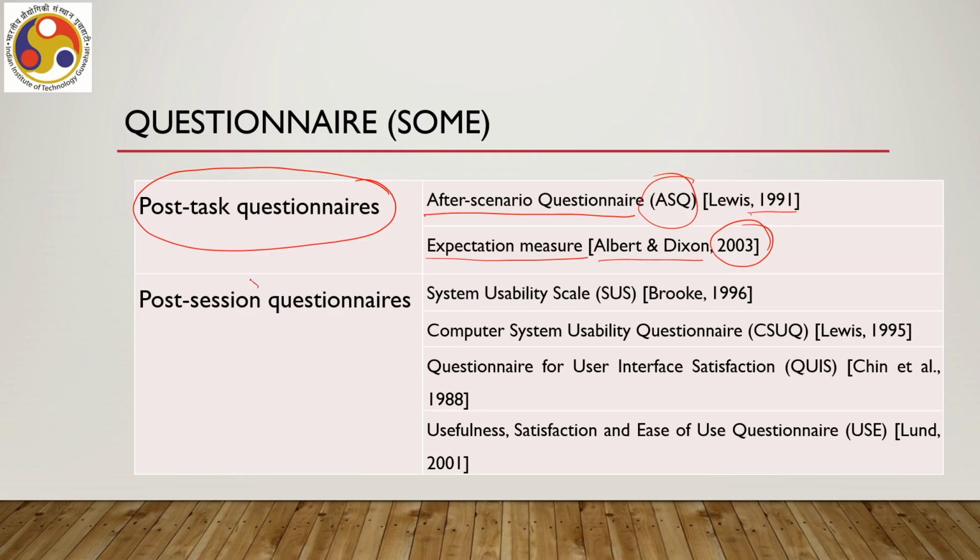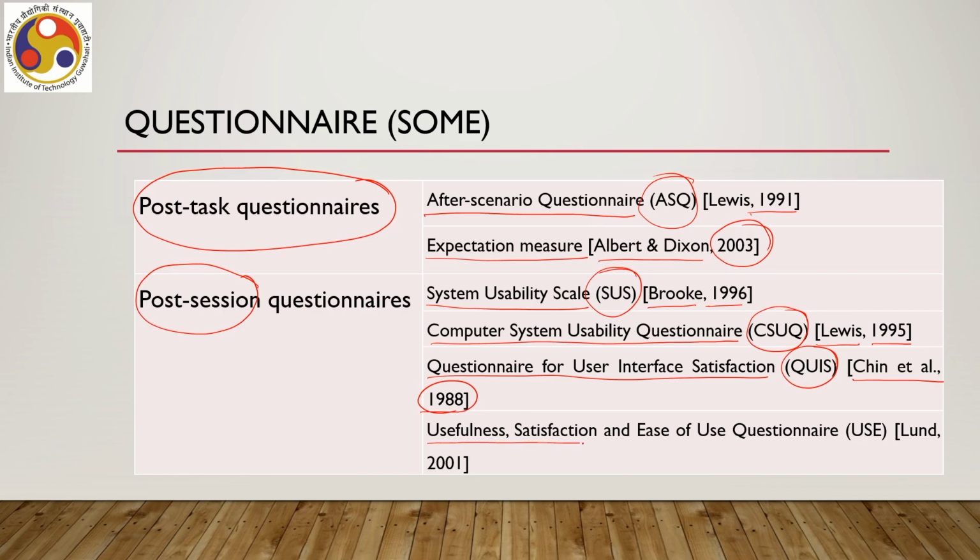Similarly, for post-session data collection, we have post-session questionnaires such as the System Usability Scale or SUS, a very popular questionnaire designed in 1996 by Brooke. Then the Computer System Usability Questionnaire or CSUQ, again designed by Lewis in 1995. The Questionnaire for User Interface Satisfaction or QUIS, designed by Chin et al. in 1988, that is even before.